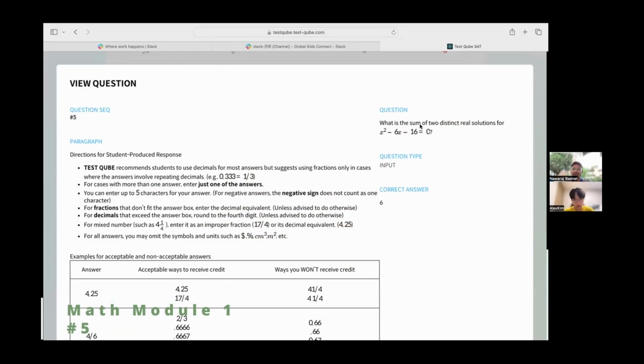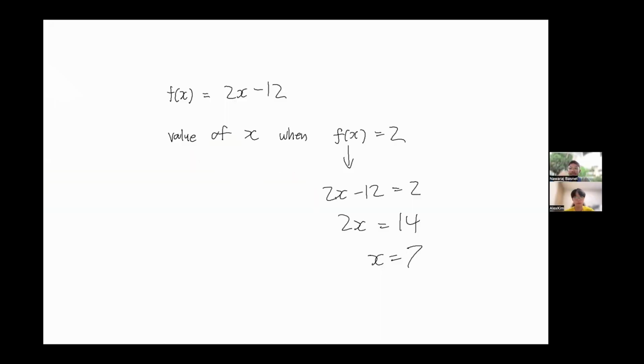Okay, so what is the sum of two distinct real solutions for x² - 6x - 16 = 0? I'll put up the whiteboard again. So it is asking for x² - 6x - 16 = 0.